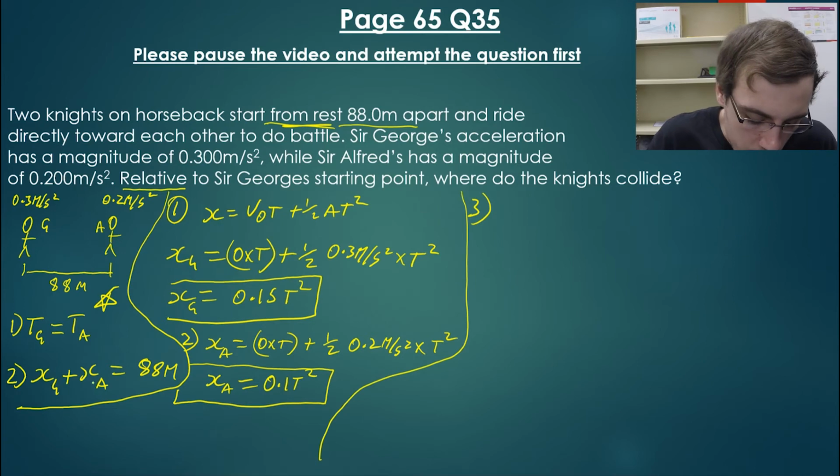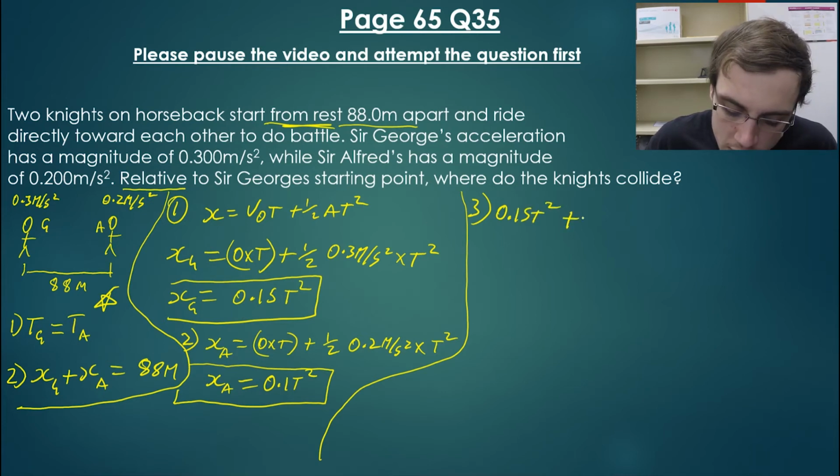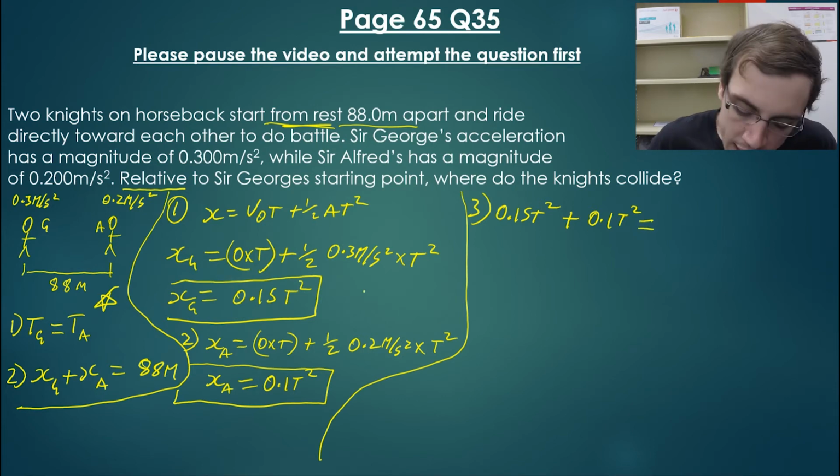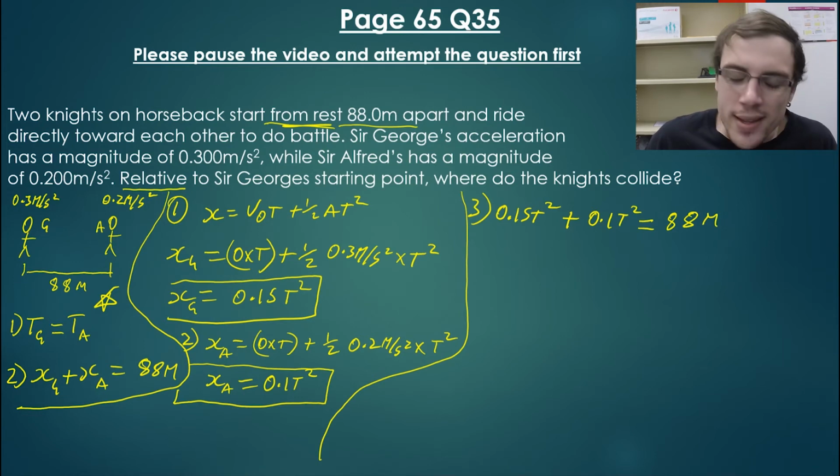So we can go, the displacement for George, which is 0.15 t squared, plus the displacement for Alfred, which was 0.1 t squared, is equal to 88 meters. Now, the next assumption comes into play here, because I can hear you going, well, hang on, what are we supposed to do with these variables here?